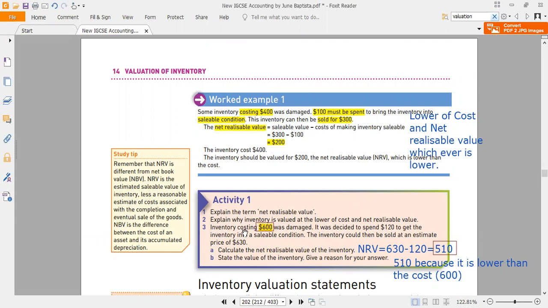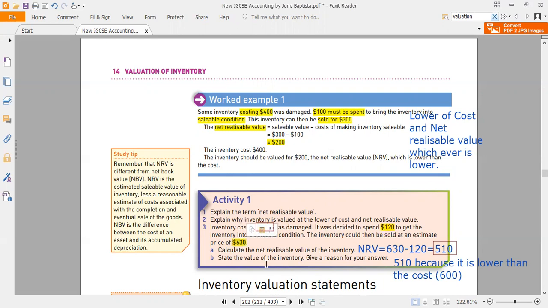In this question, inventory cost is 600. That is the cost. It was decided to spend 120 to get the inventory into saleable condition. And the inventory could be sold for an estimated price of 630.